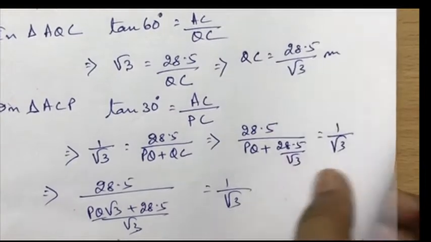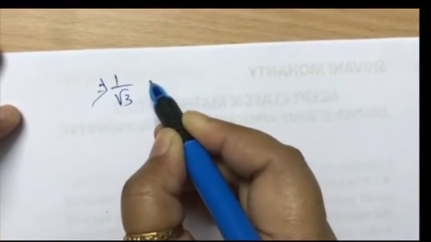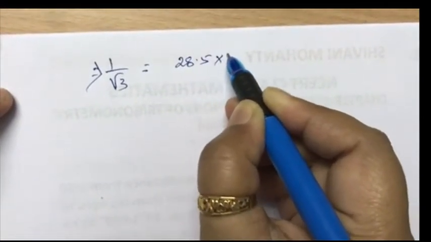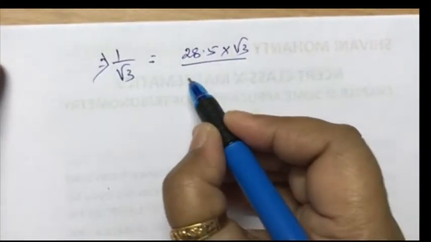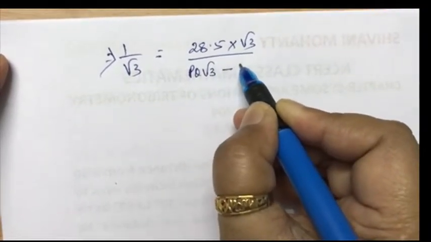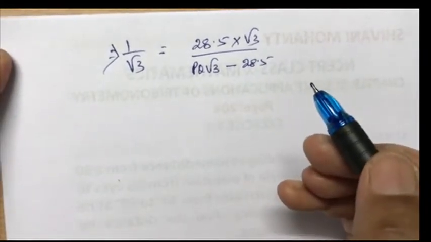We don't have such a page over here, so I am going to the next page. So what do I get? 1 by root 3 is equal to 28.5 into root 3. See, the denominator has gone to the numerator. PQ root 3 minus 28.5.